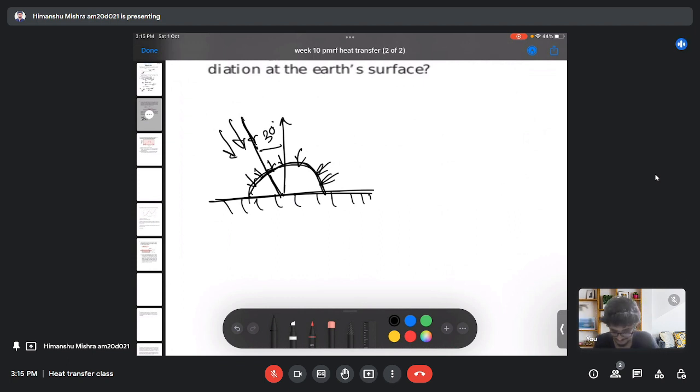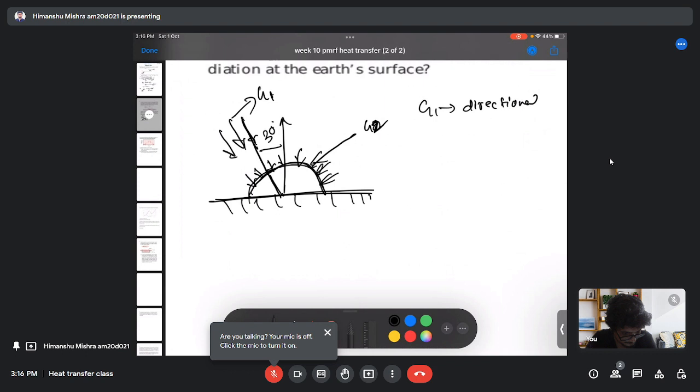So this is my irradiation, G1, and this is my other irradiation, let's say G2. My G1 is directional dependent, and G2 is diffusive.